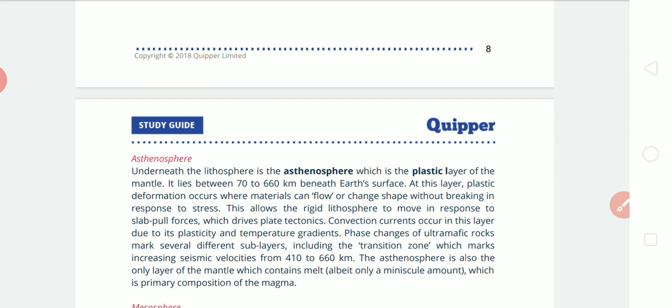This allows the rigid lithosphere to move in response to the slab pull forces which drive plate tectonics. Convection currents occur in this layer due to its plasticity and temperature gradients.